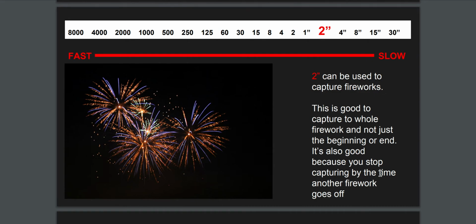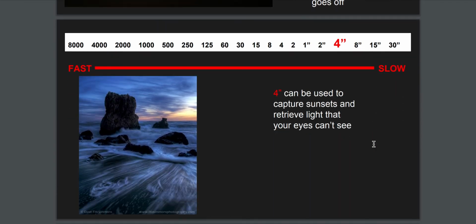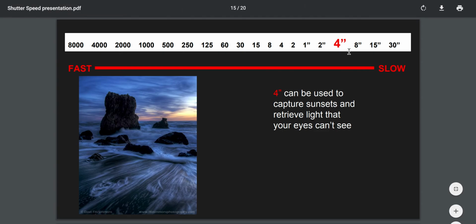You can also capture the blur that's worked in as well, and it depends on how fast the fireworks are going. But 4 seconds is great for capturing light that naturally our eyes do not pick up on. Like in a sunset or a sunrise, we see those beautiful colors, and this is a great setting to really capture those colors.